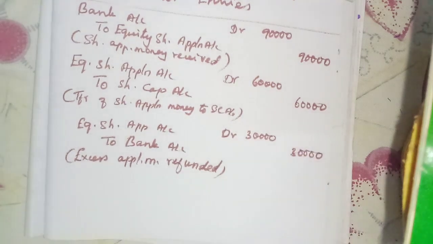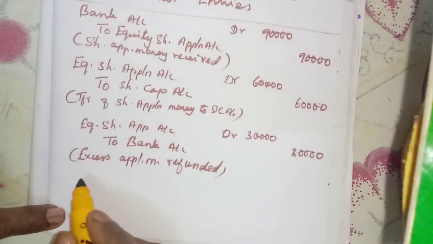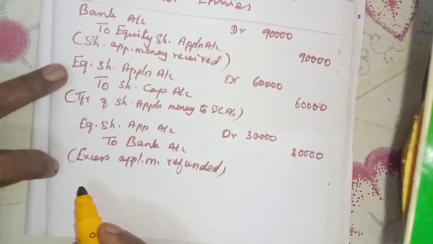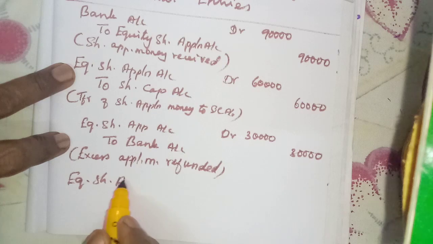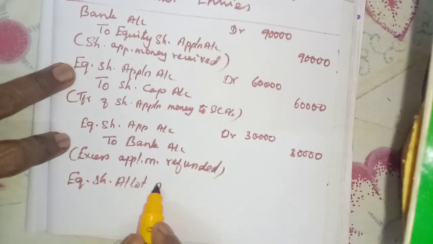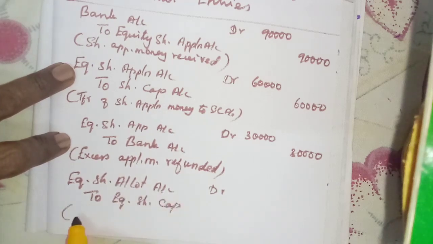Now we have to do as usual for the allotment and first and final call. For the allotment due: equity share allotment account debit to equity share capital, share allotment money due.